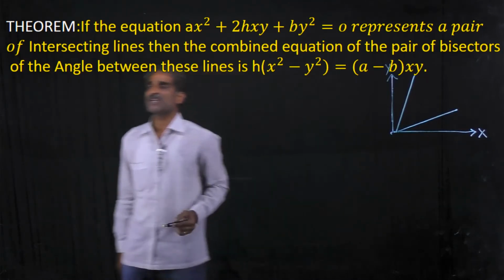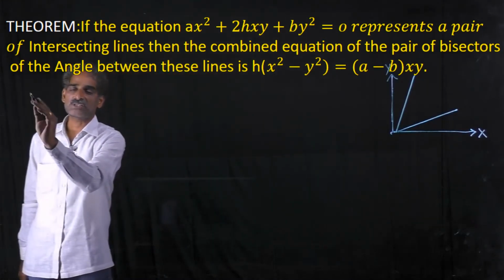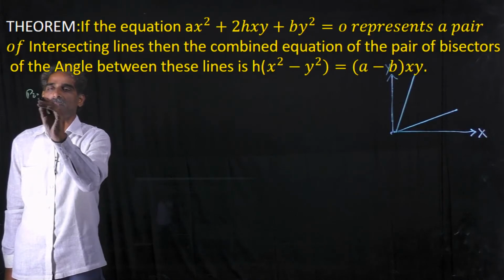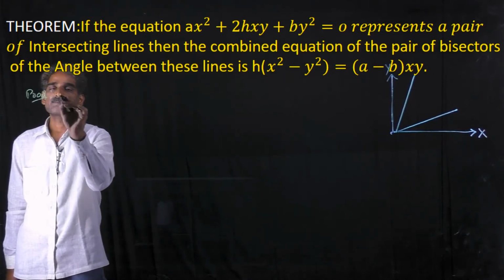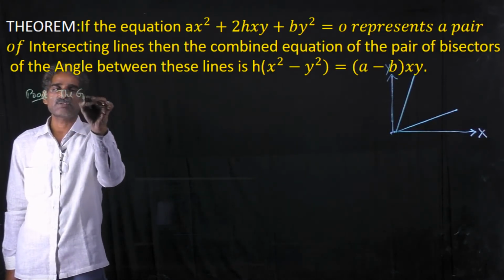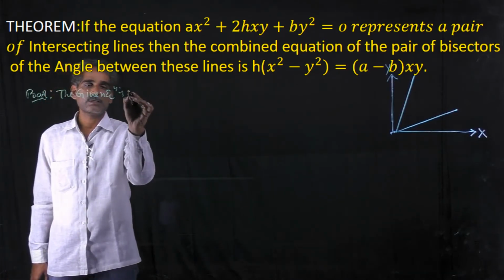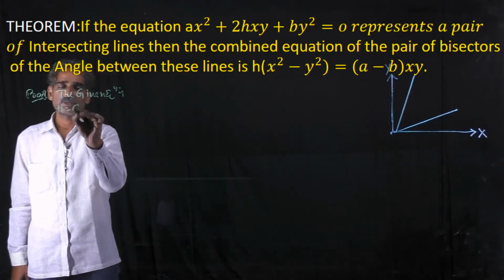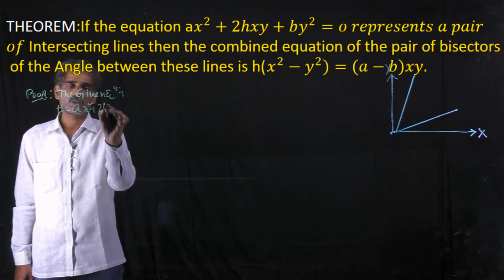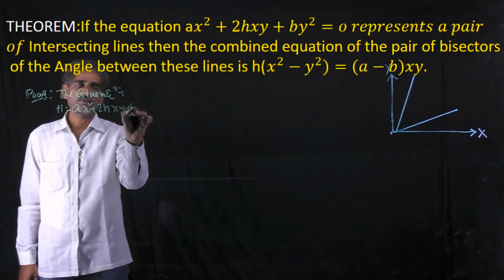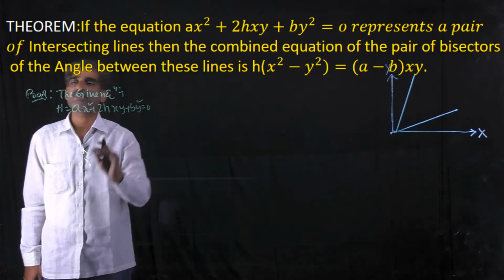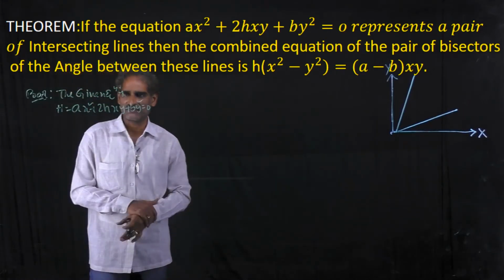So what is the given equation? The given equation is ax square plus 2hxy plus by square equal to 0. This represents two intersecting lines passing through origin.